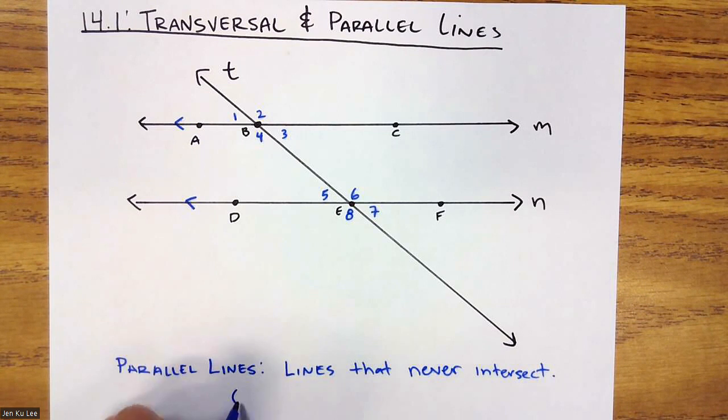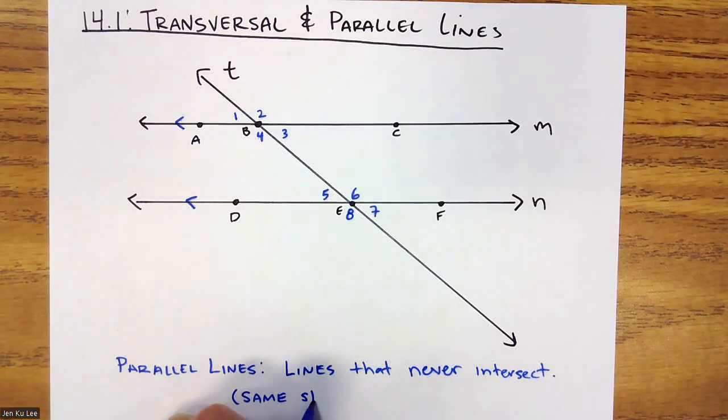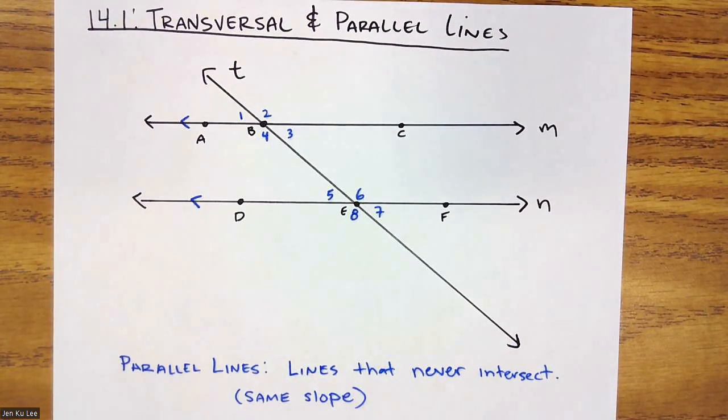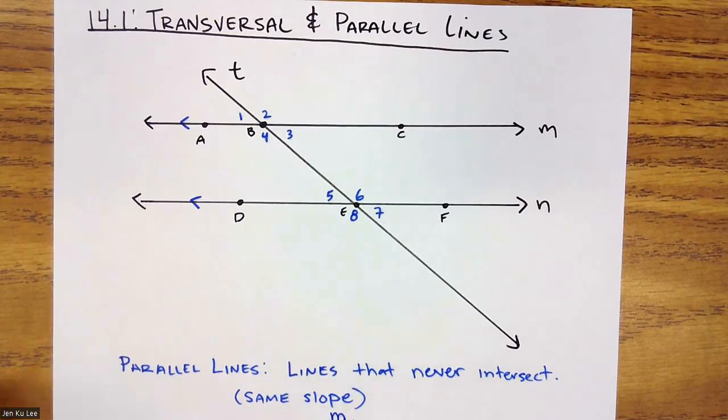So that means that they have the same slope. All right. They have the exact same slope. So remember back in integrated 1 or algebra 1, you learned about slope and y equals mx plus b, right? Slope, remember, is m, and they would have the same m value. Okay? So that's what parallel lines are.